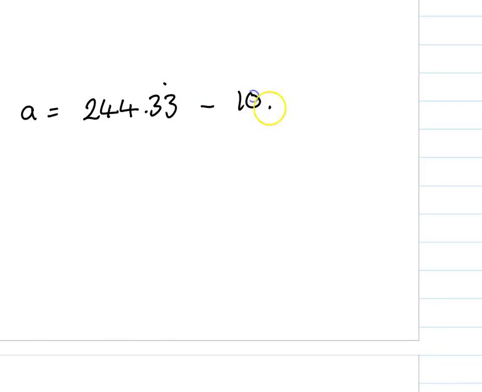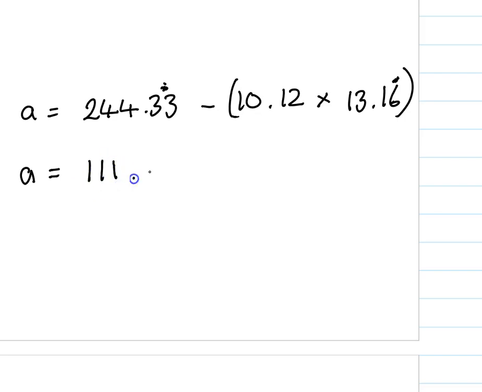minus our 10, 12, multiplied by the average of x, which is 13.16, again recurring. So that's recurring and that's recurring. When we calculate that all the way through, we get A to equal 111.09.